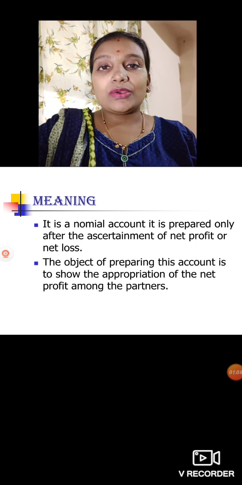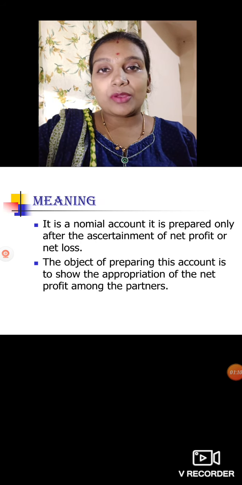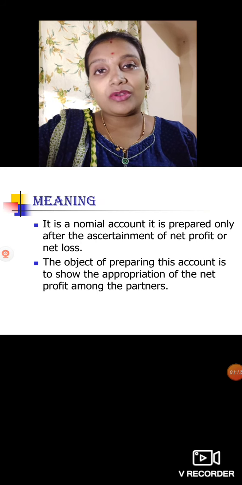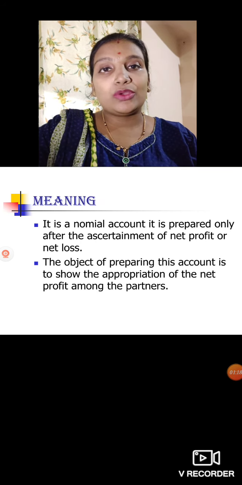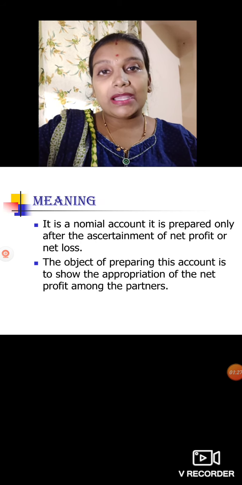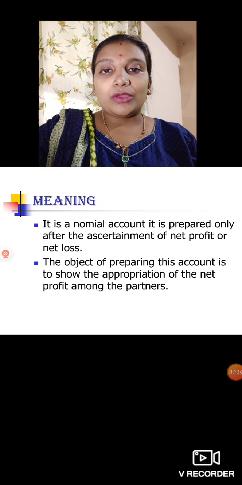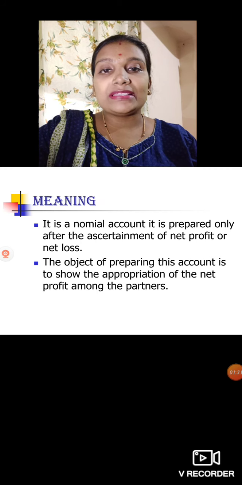After calculation of profit, either net profit or net loss, we prepare the profit and loss appropriation account to show the appropriate distribution of profit among the partners. The object of preparing this account is to show the appropriation of the net profit among the partners.